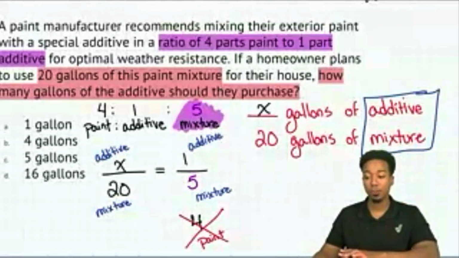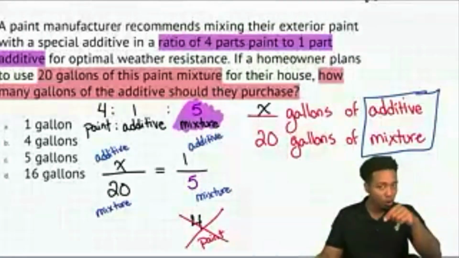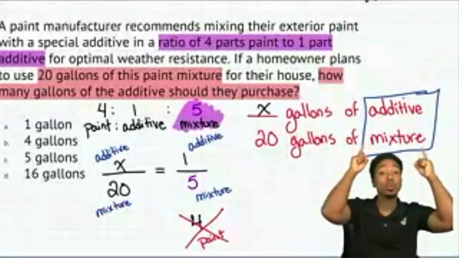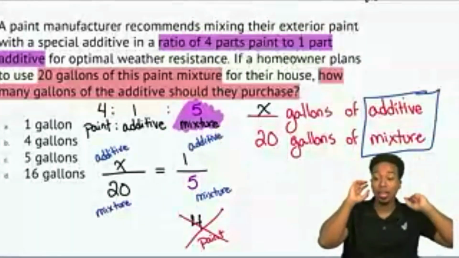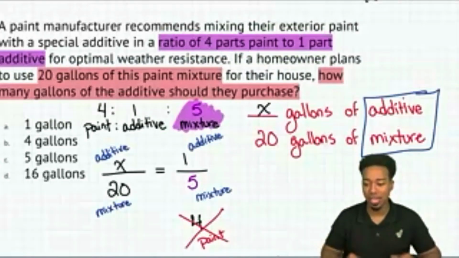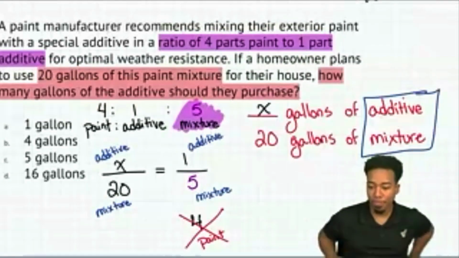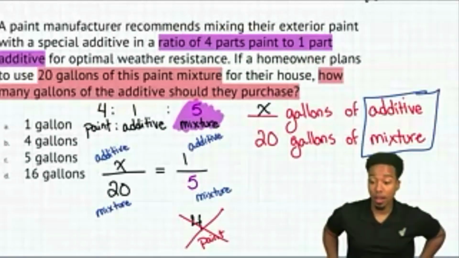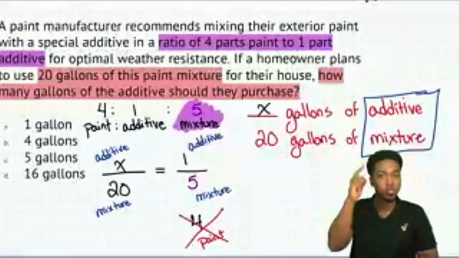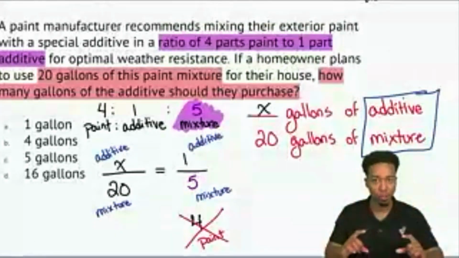Before I continue, everybody, especially those of you that are still confused, do you see right here when I wrote down what I needed? This was a comparison between the additive and the mixture, the paint and the additive together. That's the biggest part here. Understanding that first comparison that they give you for the question: additive and mixture.